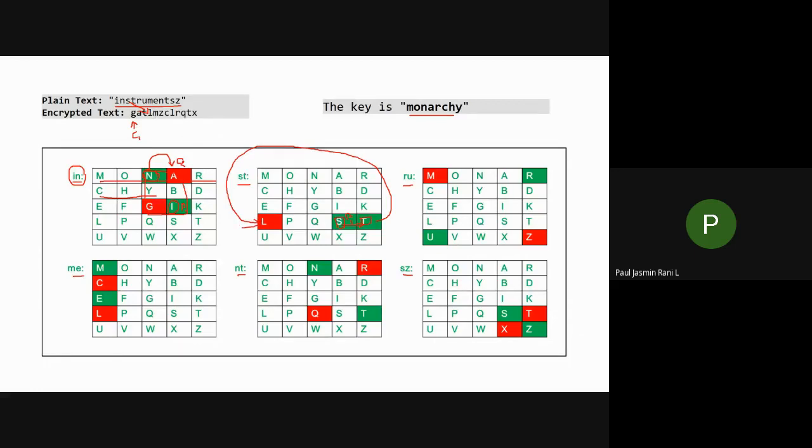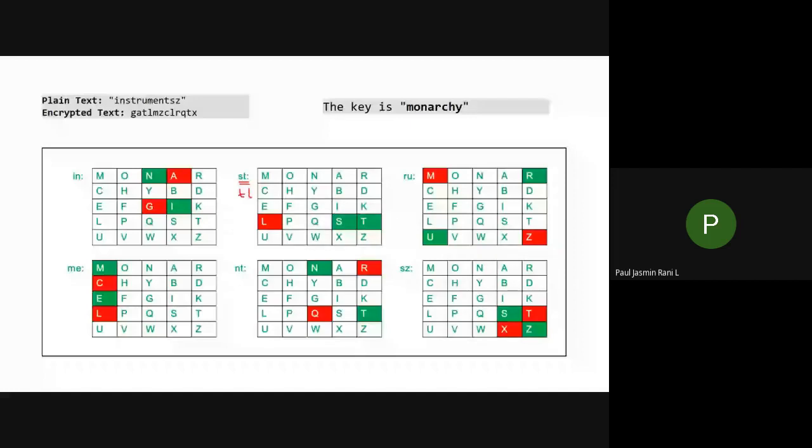So this is how you find out ST, and for ST you are getting the answer as T and L. So T and L is your cipher text.